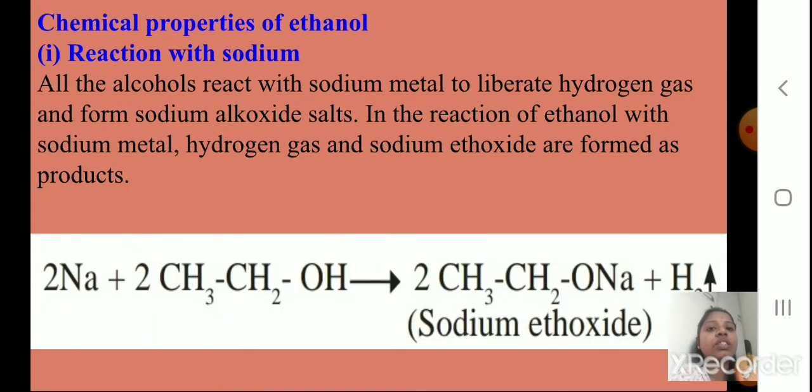Now we will see the chemical properties of ethanol. The first one is the reaction with sodium. All alcohols react with sodium metal to liberate hydrogen gas and form sodium alkoxide salts.